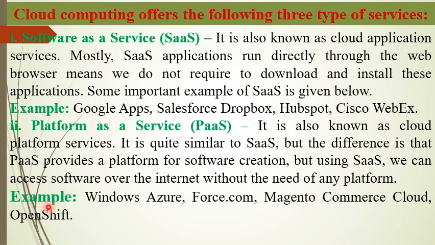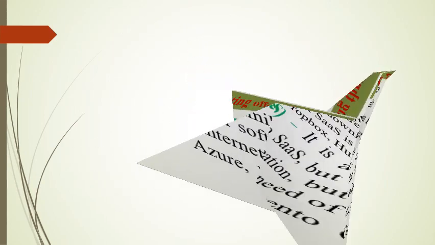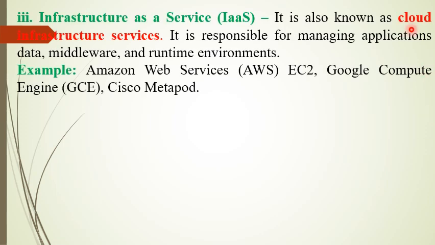The second one is infrastructure as a service, abbreviated as IaaS. It is also known as cloud infrastructure services.